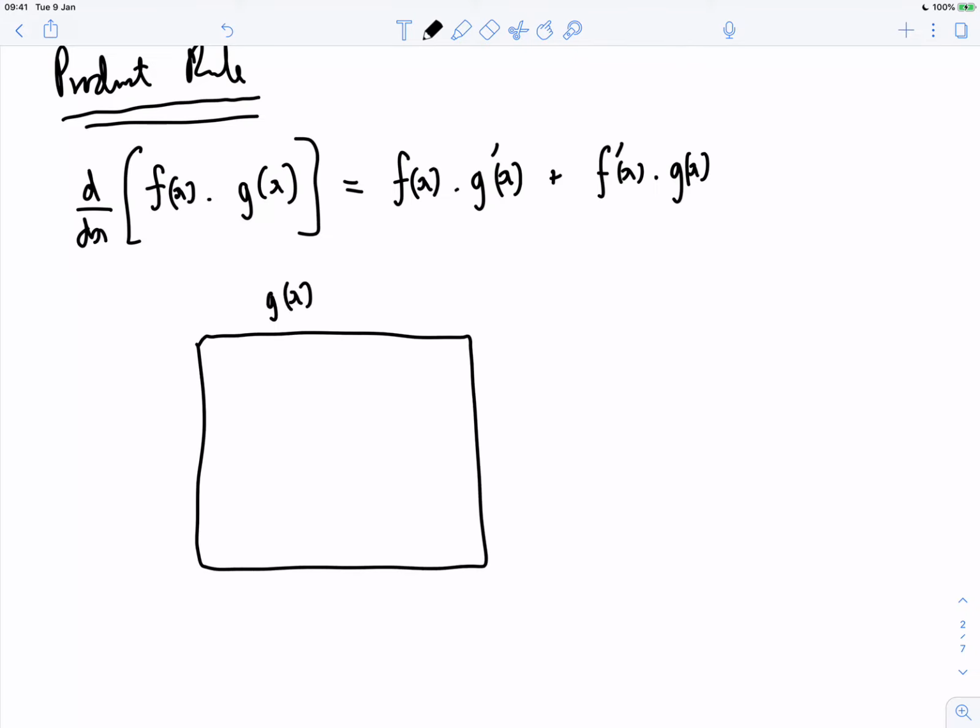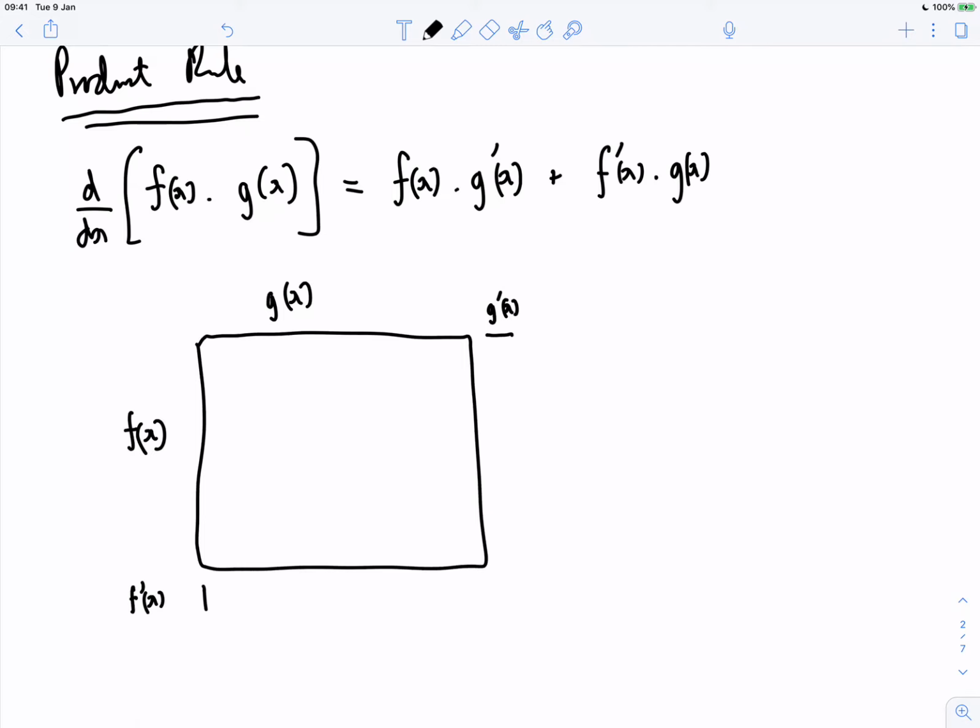Then if I want to find the rate of change with respect to x of these functions, imagine a small sliver, some small change g dashed of x, and some small sliver f dashed of x over here.